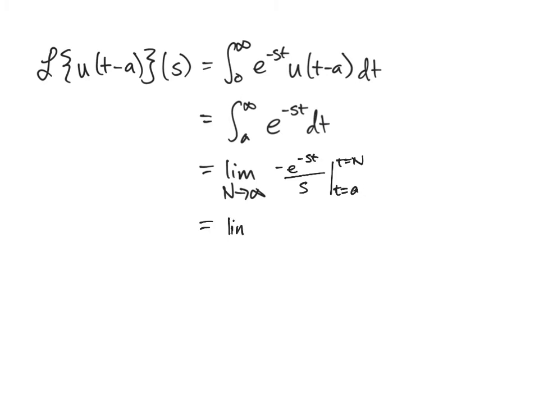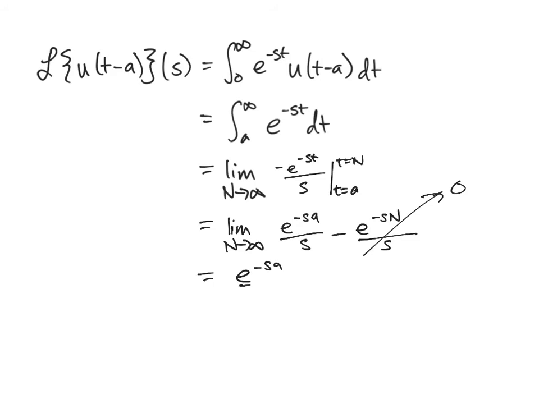So we get the limit as n goes to infinity of e to the negative sa over s minus e to the negative sn over s. When we take this limit, the second term goes off to 0, and we just get e to the negative sa over s.